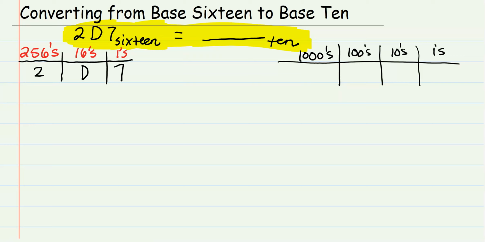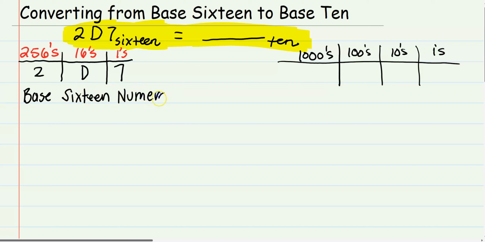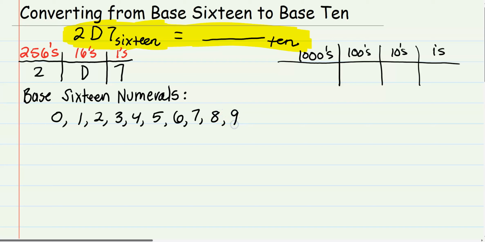Well, let's look at base 16 numerals. If you are in base 16, you will have 16 numerals, meaning there are 16 symbols that you can use to write a number with. That will start with 0, 1, 2, 3, 4, 5, 6, 7, 8, 9.